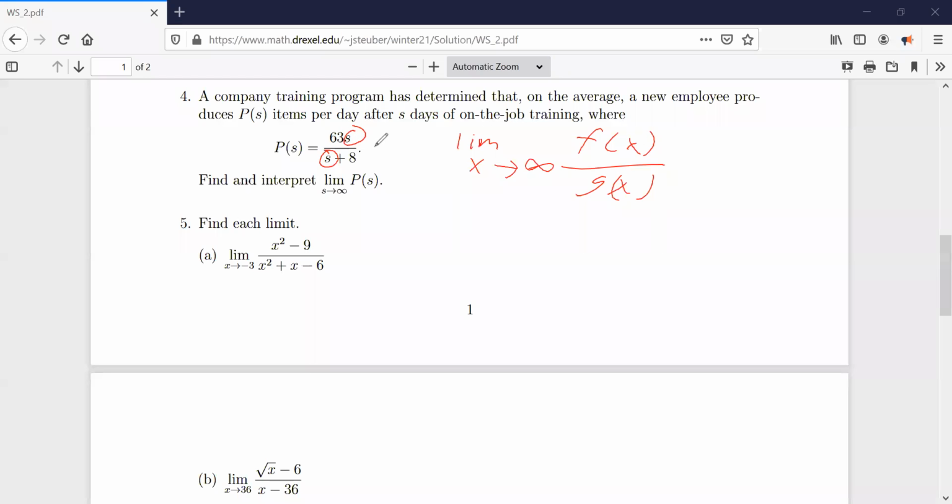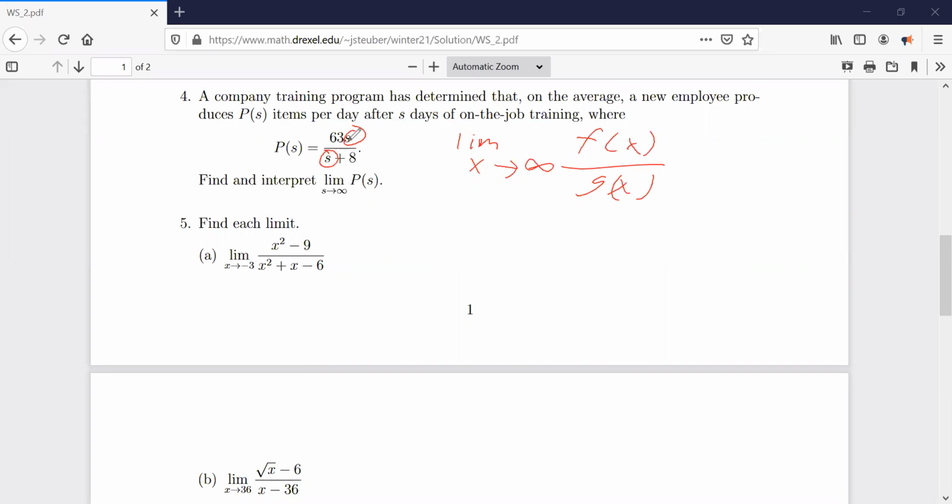Because if one of them has a bigger power, as x goes off to infinity, it doesn't matter what the coefficients are, it doesn't matter what else is being added, they're going to make very little difference because the lead term is going to grow much, much faster than all of the others. In this case, they have the same power.